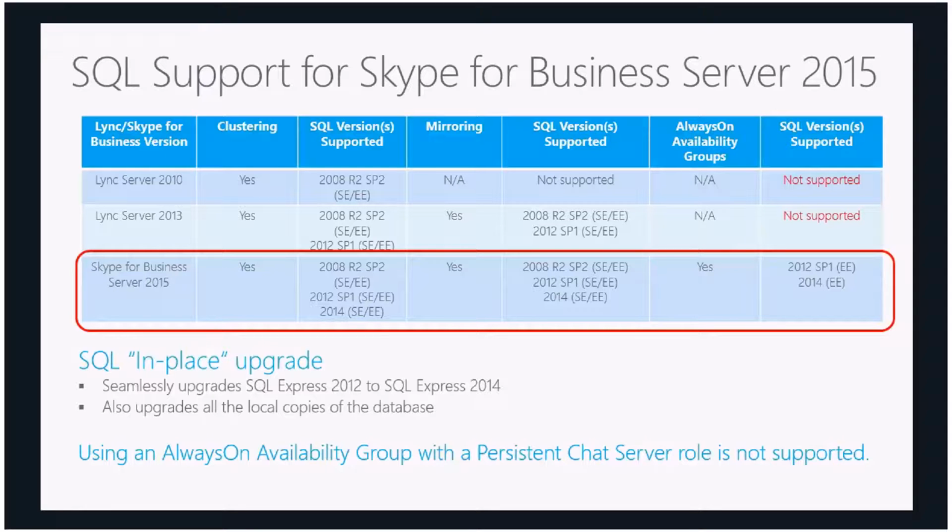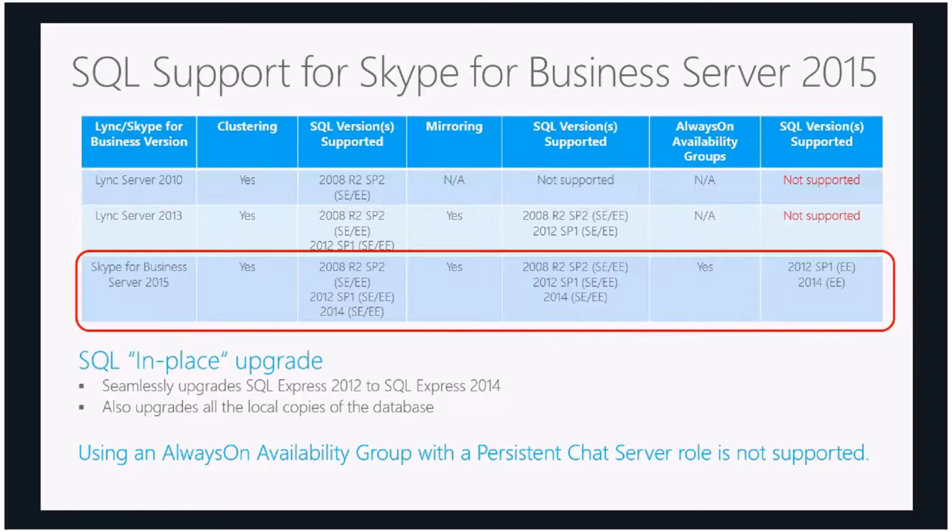SQL Always On, just so that everybody is aware, isn't new in itself, but the support for Skype for Business is what is new. So we can't, for example, leverage SQL Always On availability groups if we're running Lync 2010 or Lync 2013. So we have to upgrade to Skype for Business in order to take advantage of SQL Always On availability groups.